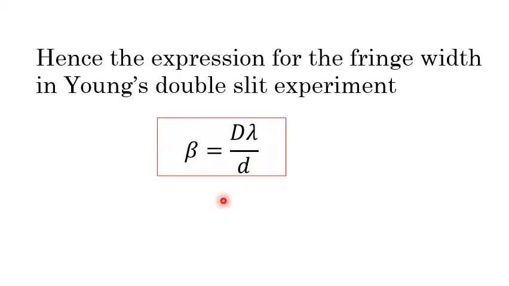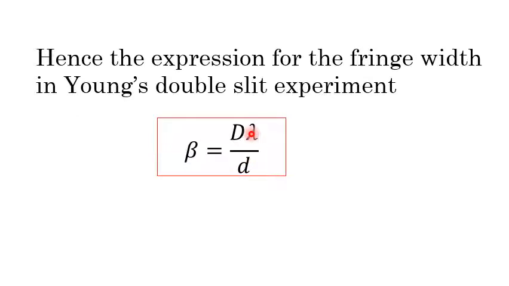Now clearly the width of the bright fringe as well as the dark fringe are the same, which is D lambda by small d. So hence the expression for the fringe width in Young's double slit experiment, denoted with beta, is beta equals D lambda by small d. Fine.